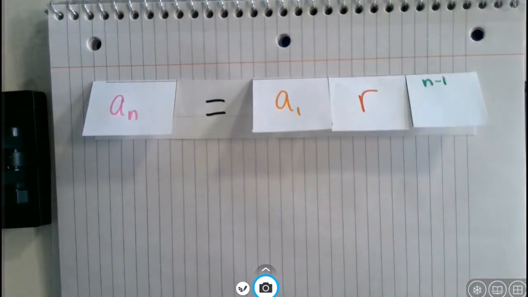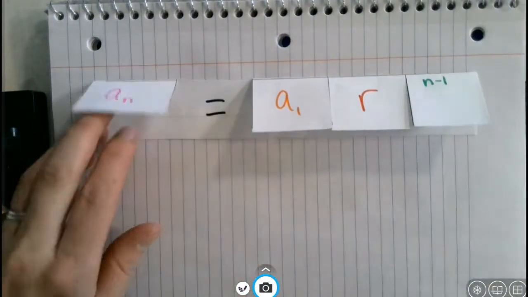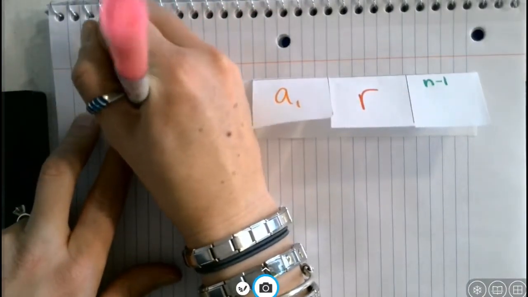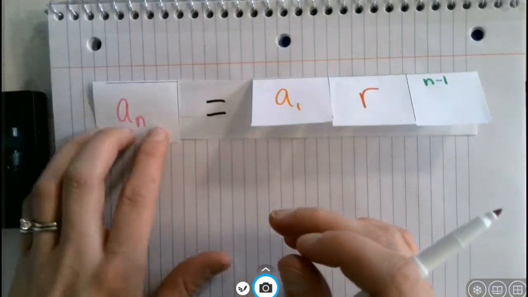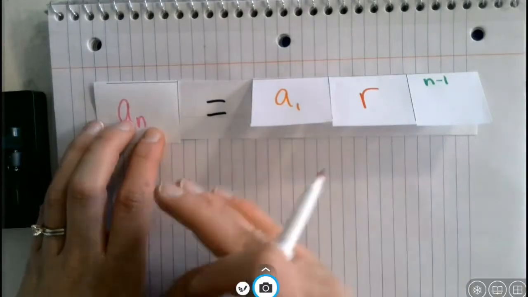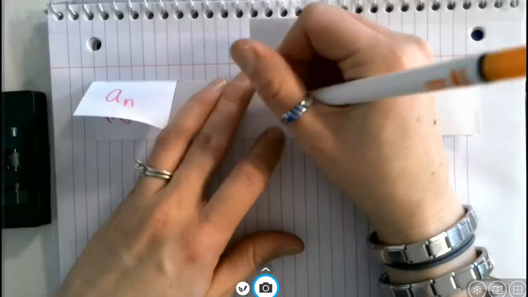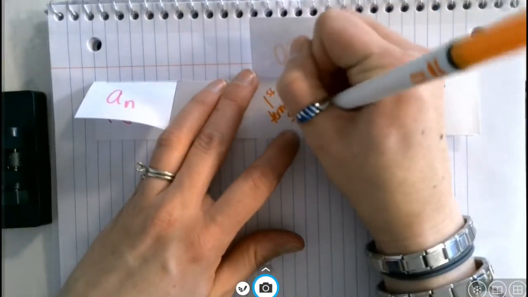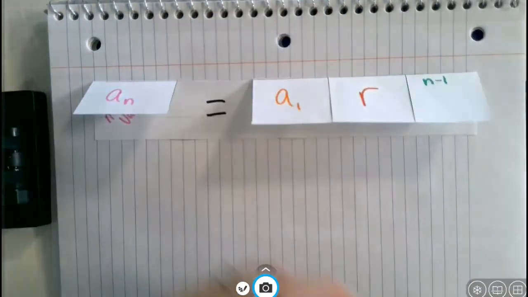Okay, so now let's fill out our things that we've got here. So our a sub n is the nth term. So you're going to be asked, find the 17th term. That n tells us the 17, it's the number 17 in line, and the a sub n tells us what that value actually is. Our a sub 1 is the first term in the sequence. The r value, that's my common ratio.